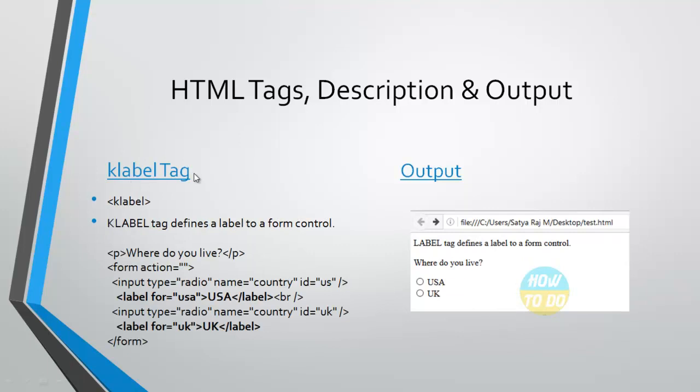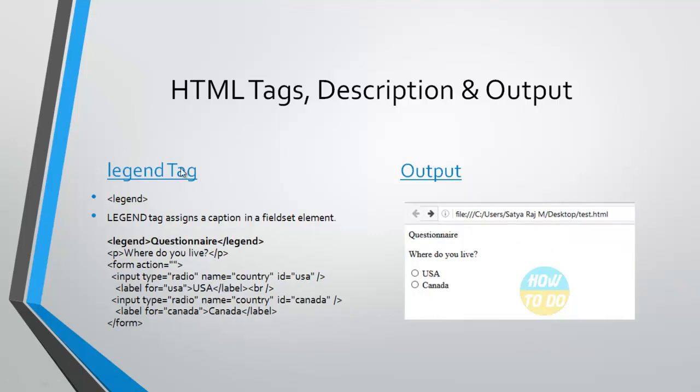Next comes the label tag. The label tag defines a label for a form control. This is the complete syntax which you will be going ahead and writing, and this is the output. Where to live? We are giving the radio button. We can give the options of the different states or different cities or whatever you can, and you can close the form by using the label tag. Next comes the legend tag.